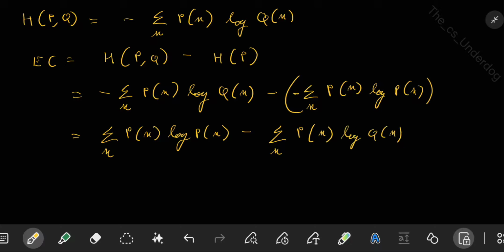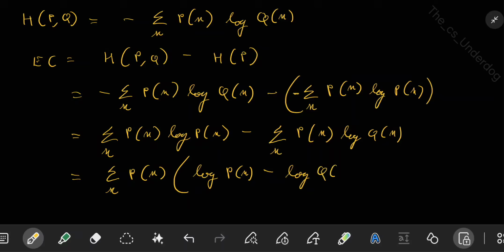This is my formula. What am I going to do next? I am going to take the common part outside. Sum over all x, P of x is common. So sum over all x, P of x into log P of x minus log Q of x.